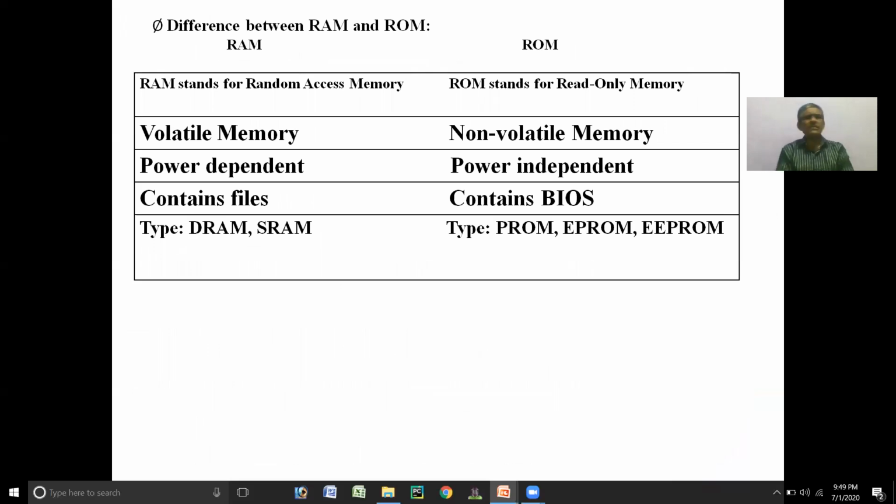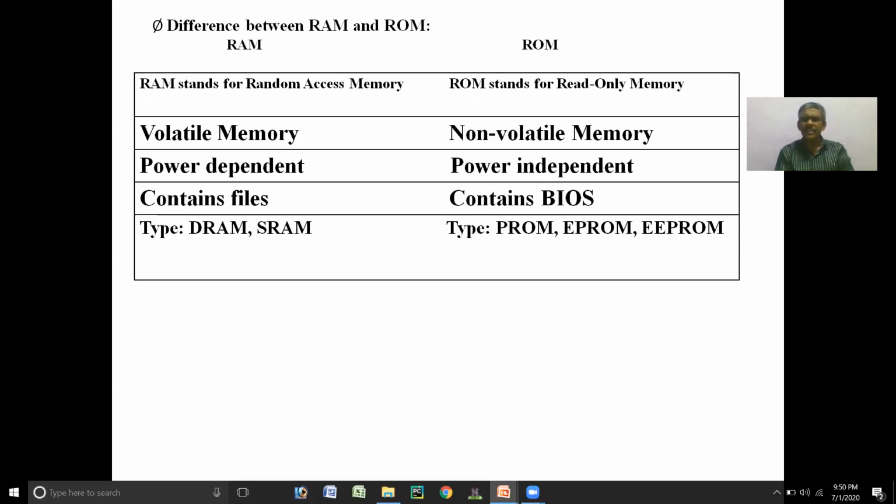Then lastly, we can discuss the difference between RAM and ROM. That completes the primary memories. To compare RAM and ROM, RAM stands for random access memory, ROM stands for read-only memory, and RAM is a volatile memory. It is also called temporary memory, and ROM is non-volatile memory.